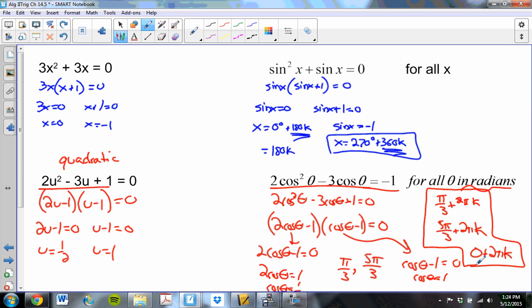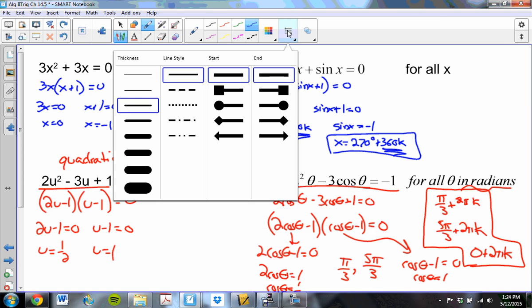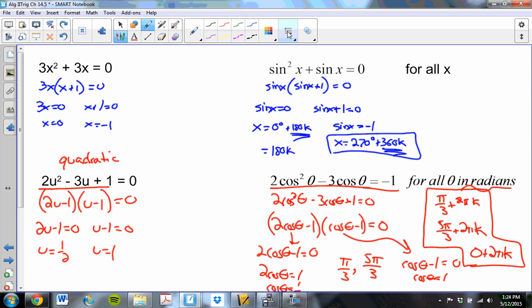Now what some people prefer to do is to get rid of the cosines entirely, because that kind of throws them off. And that's when you can do what's called u substitution. I can take u and say that equals cosine theta. Set up the equation u equals cosine theta and replace these cosine thetas with u. Then you solve, and when you solve, you'll get u equals 1/2 from here, and u equals 1.